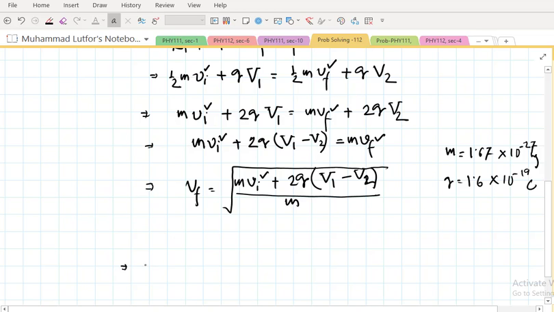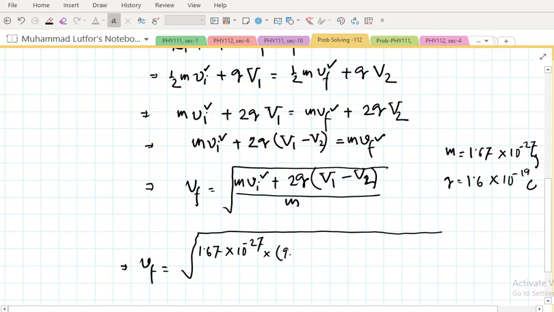Now if we plug in the values, the mass is 1.67 into 10 to the minus 27 into Vi square, which is 90 into 10 to the 3 squared, plus 2 times the charge, 1.6 into 10 to the minus 19 coulomb, into V1, which is minus 70, minus V2, which is minus 50.